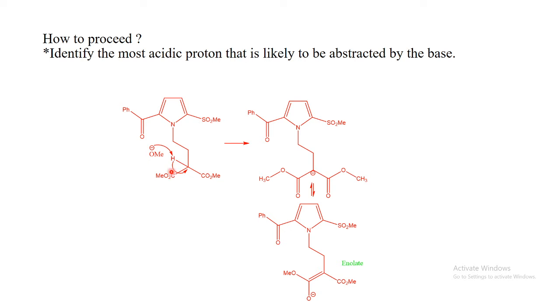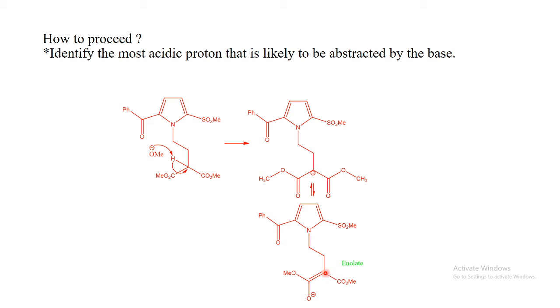So this electron pair will push to this carbon, and you can see the carbon will develop a negative charge. But this negative charge will be stabilized by the existence of these carbonyl groups. See, we have 1, 2, 3, 4, 5 atoms over which this negative charge can be spread over.